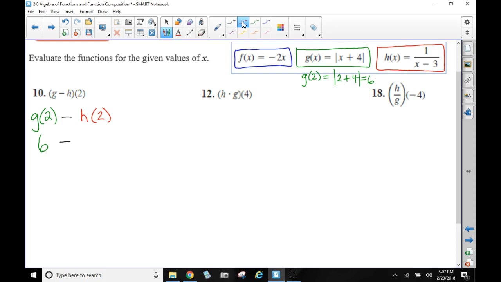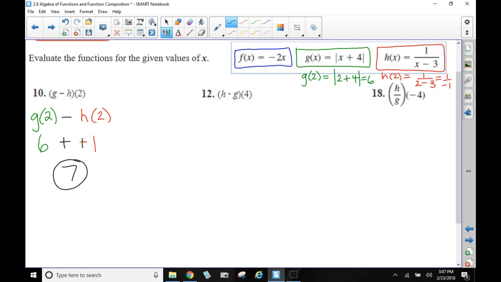To calculate h evaluated at 2, I'm going to come to my h function and replace the x with a 2. That gives us 1 divided by negative 1, which is negative 1. Now, when we apply the subtraction operation, 6 minus a negative 1 is the same thing as 6 plus 1, so our answer here is 7.